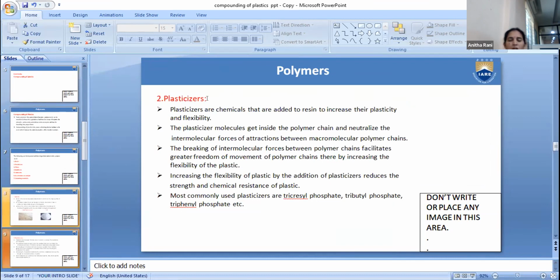Next, students, we are going to use plasticizers. Plasticizers are chemicals that are added to resin to increase plasticity and flexibility.